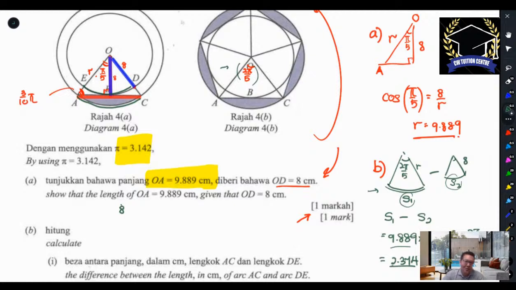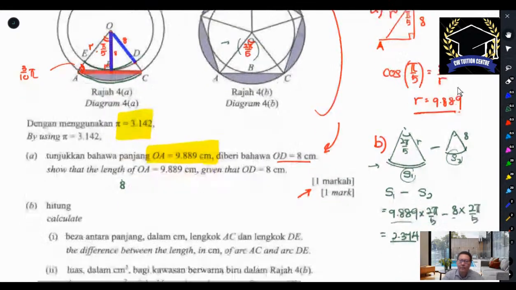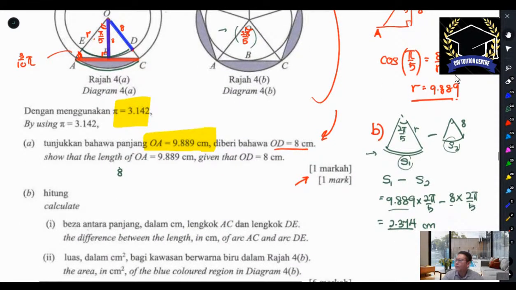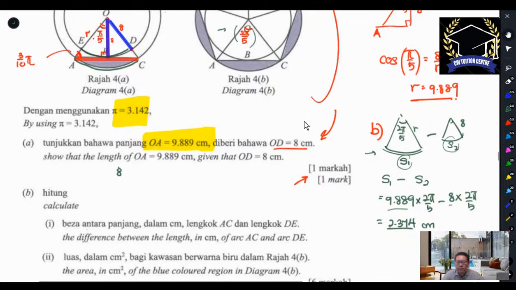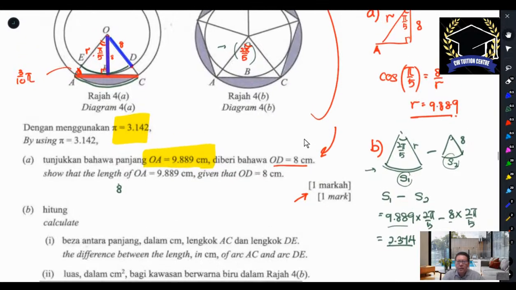Let's see if anyone needs me to explain again. No? Okay, that is good. And part 2 is the area of the blue colored region.